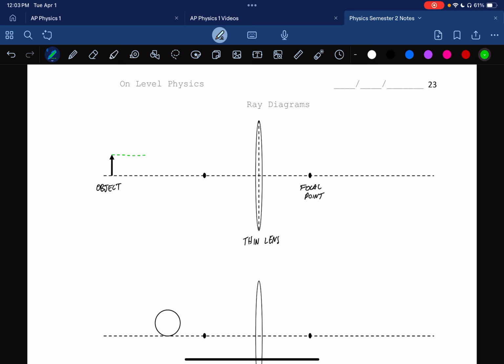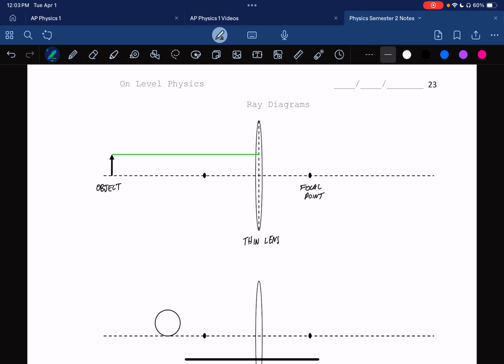So let's draw a ray of light that goes parallel, not dotted. I'll give you that terminology. Draw it straight across, parallel with this dotted line here. We call that, I think it's called the optical axis. It's basically where the bottom of the object is.